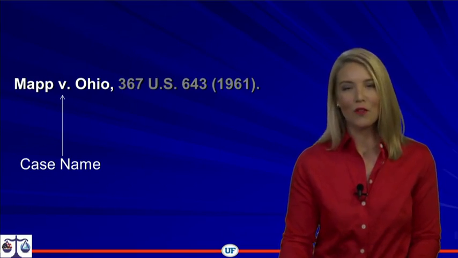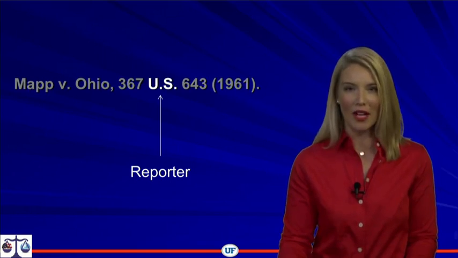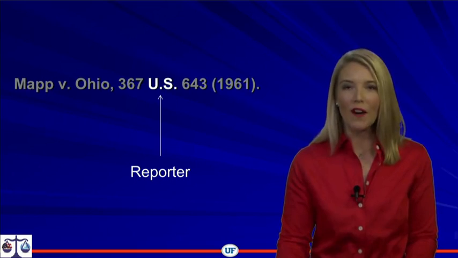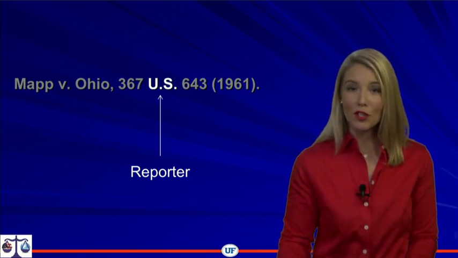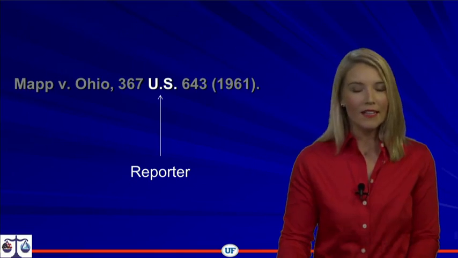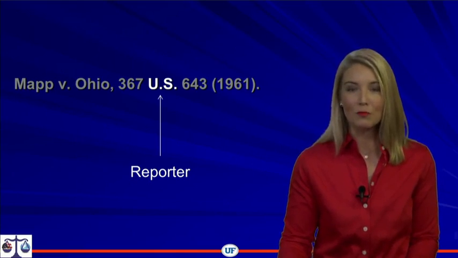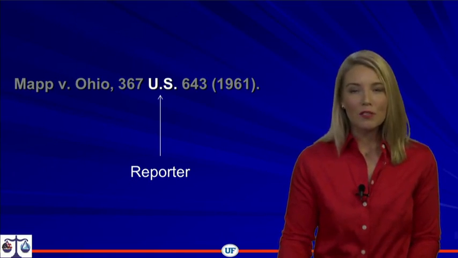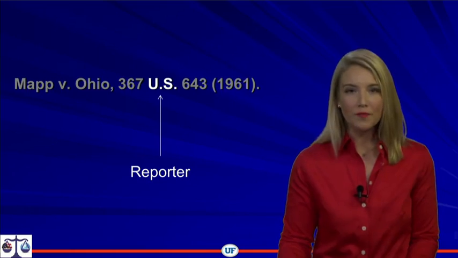Now let's skip over the number 367 for now and jump to the abbreviation U.S. Cases are not always published, but when they are published, they're published in books called reporters. Now there are all different types of reporters that go by all different names, and each reporter publishes cases from a certain court.